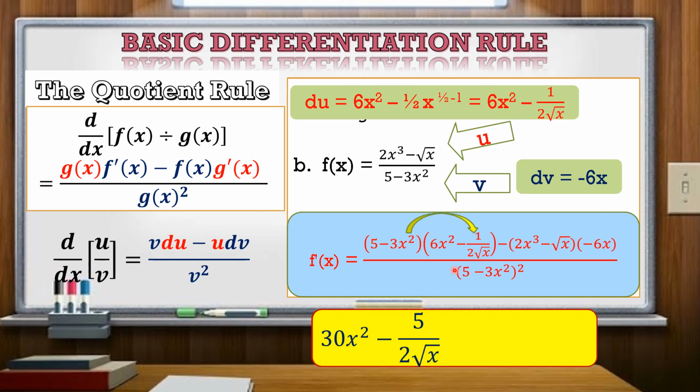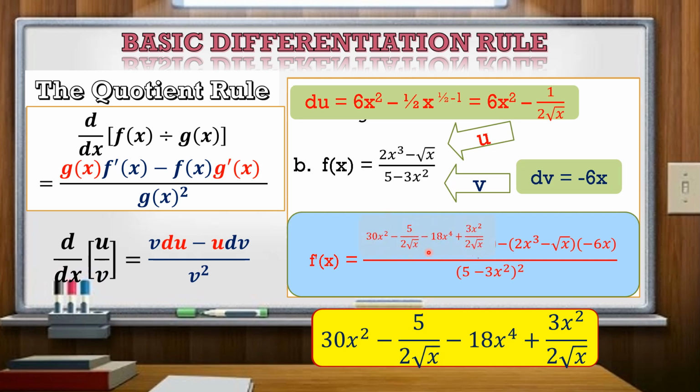Next, si negative 3x squared, ibibigay natin kay 6x squared, resulting to negative 18x to the 4th power. Sa negative 3x squared naman, ibibigay natin kay negative 1 half square root of x, resulting to positive 3x squared over 2 square root of x. So, ito na yung magiging sagot ng product. That is the product of your v times the du.